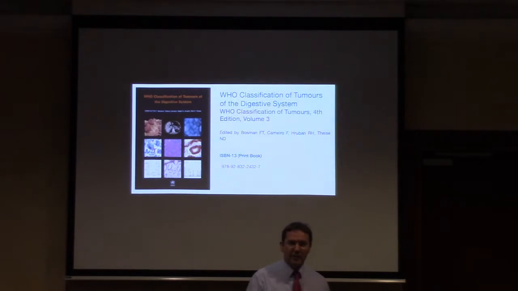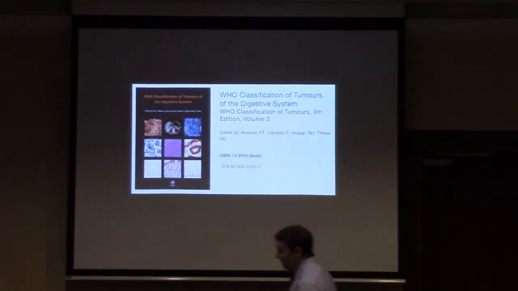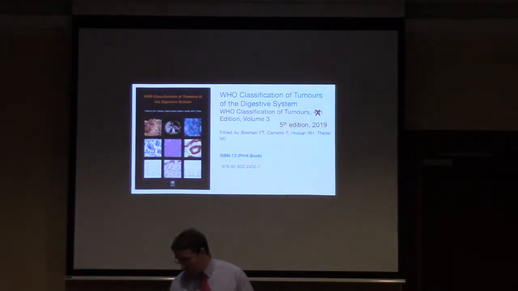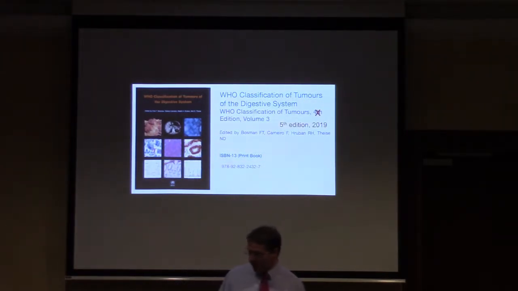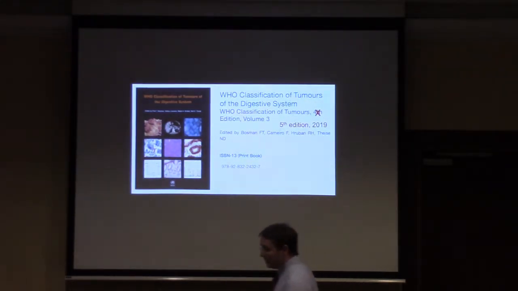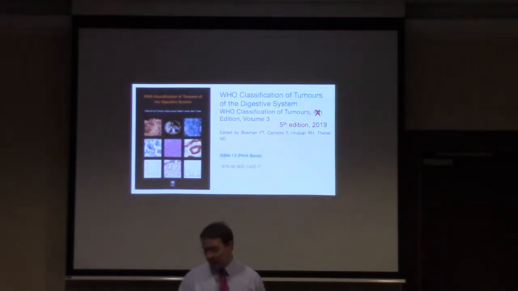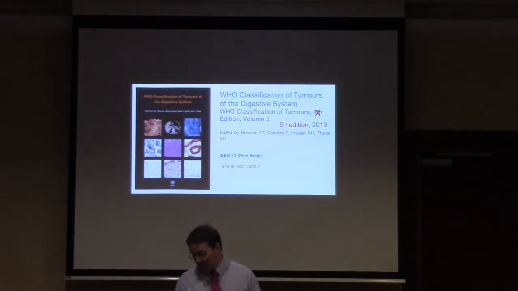The other document that is about to come out, they keep delaying it, is the update to the WHO Blue Book on GI. So the GI version is going to be the first of the 5th series of WHO Blue Books, and they said it would be out for Christmas, they said it would be out in January. There's some delays, but the book is complete and I know pretty much what's in it, but it's just not actually available just yet.